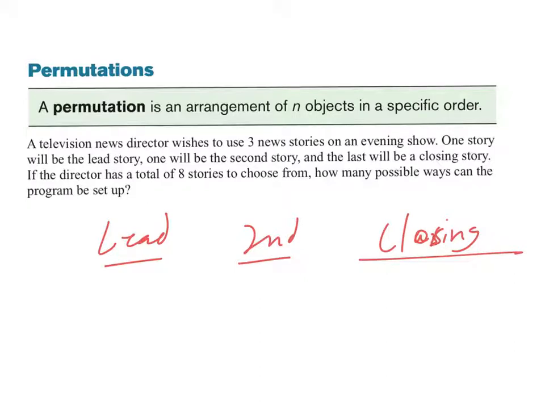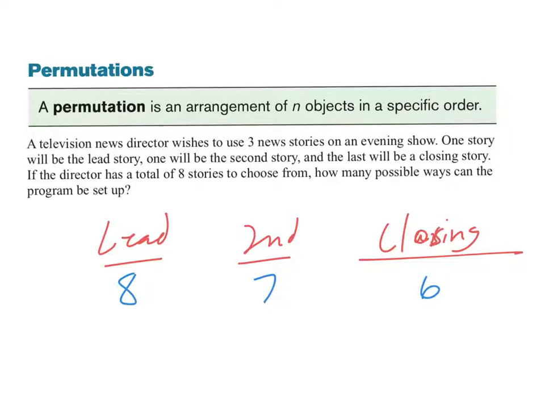When he's going through and choosing, how many possibilities are there for the lead story? 8. Of those 8, he chooses one of them. How many stories are now left for the second slot? 7. And how many for the closing slot? 6. Simple enough.